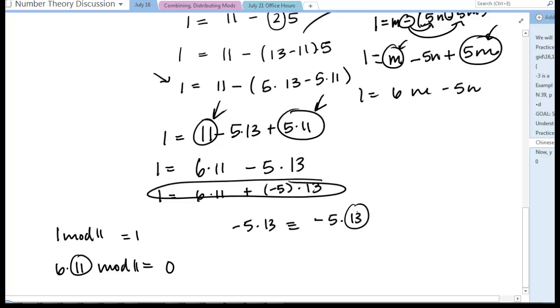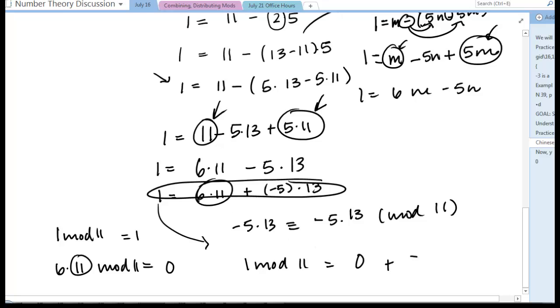I could put 2 here, but I don't want to because I'm interested in that 13. I want to end up with something like it. So if I combine all this information, this tells me 1 mod 11 is equal to 0 plus negative 5 times 13.